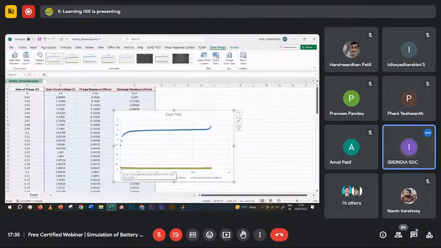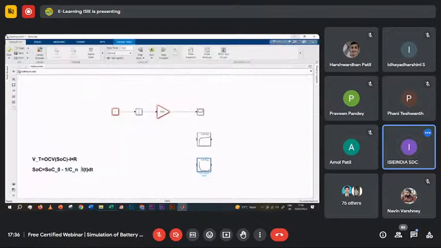So this part is representing that. This blue line is the open circuit voltage OCV, and the lower part is the resistance, which is a function of SOC. But here you can see the orange and the green part. This is representing the discharge as well as the charge resistance. So this is how we plot the curve in Excel.